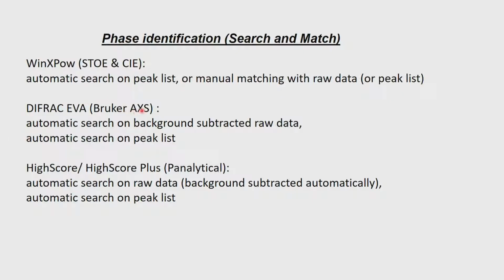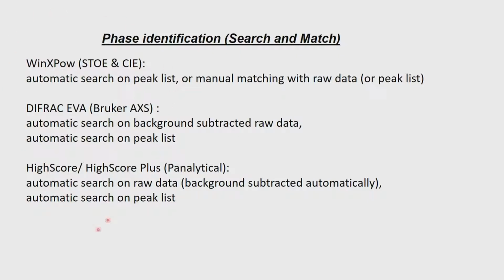If you use Bruker, you have this package called DIFFRAC.EVA, which gives you access to automatic search on the background subtracted raw data, automatic search of peak list, and so on. The most recently developed package, which is HighScore Plus by Panalytical, allows for automatic search of raw data, background subtracted automatically, and also allows for the search of the peak list.